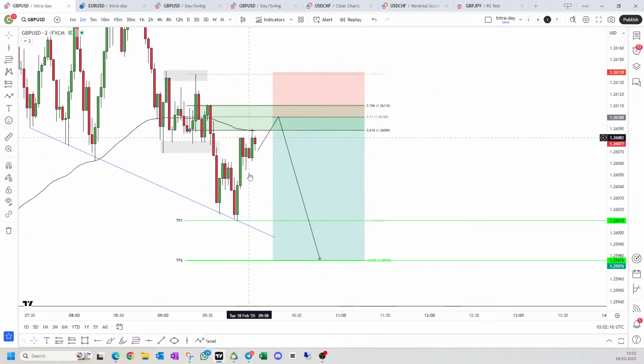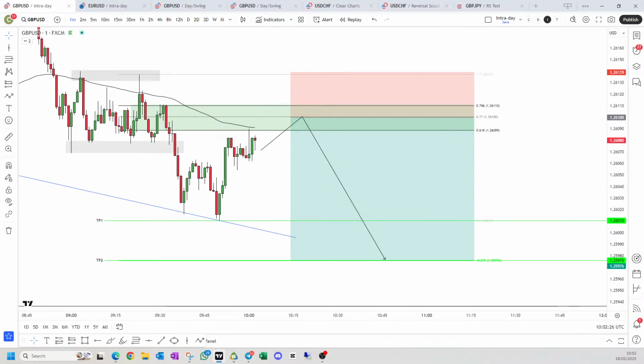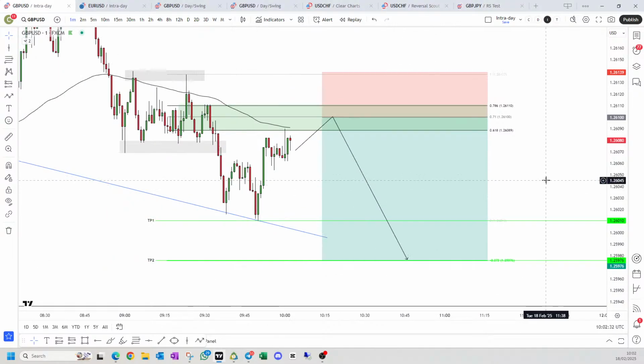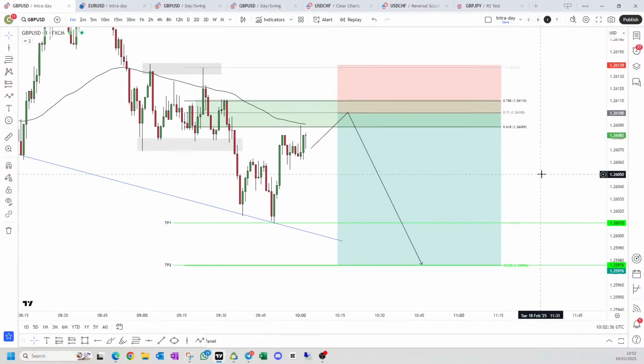This one wasn't really a rejection candle. Little wick off, but it's still engulfing this previous price. Not entering off that just yet. Need more than that, basically.